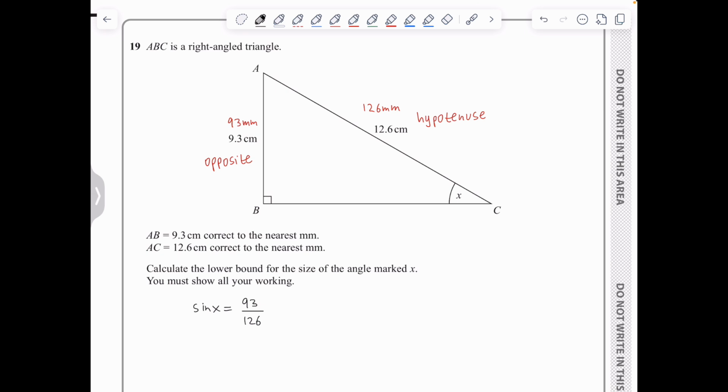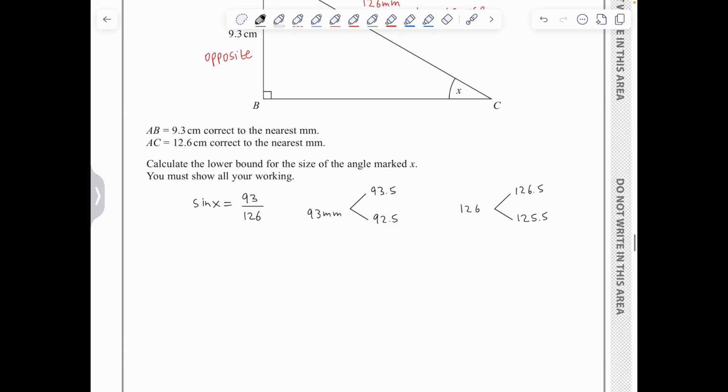I will now take into account the fact that these measurements are given to the nearest millimeter. So we've got 93 being between 92.5 and 93.5. And we also have the 126 being between 125.5 and 126.5. So we're trying to make X as small as possible.